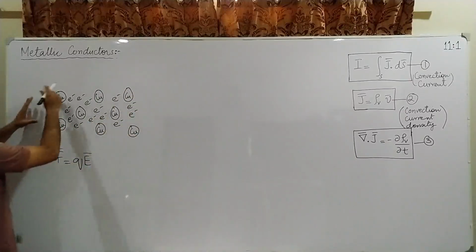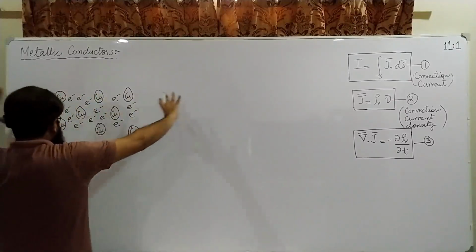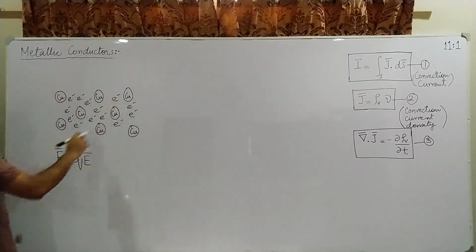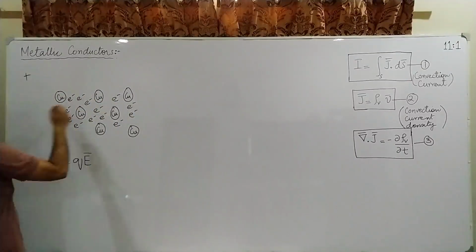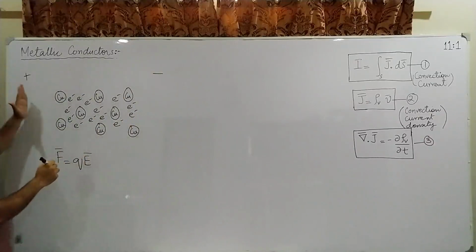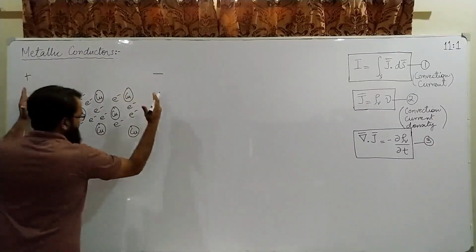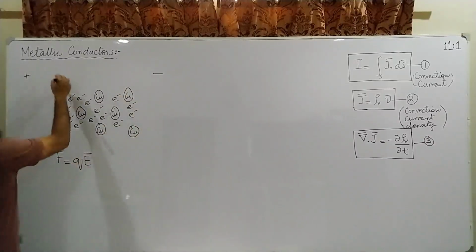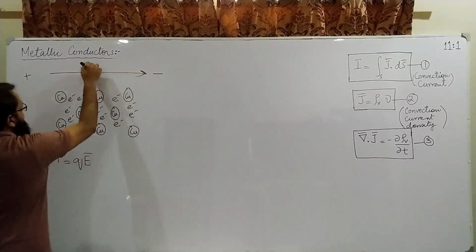But consider this as a conductor. I am showing a portion of it. As soon as I apply potential, positive terminal of battery here, negative terminal of battery here, an electric field will be established.